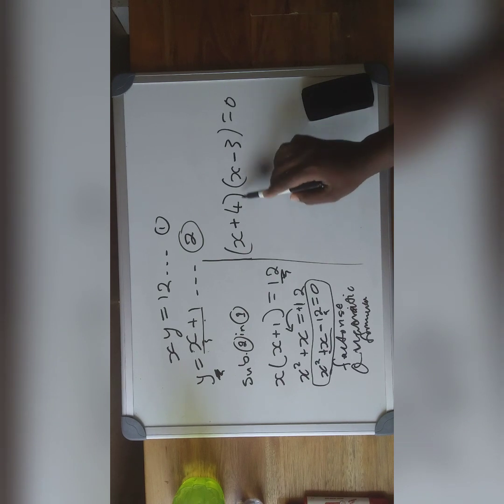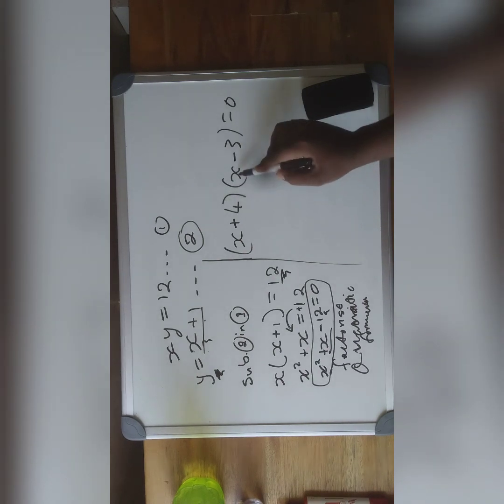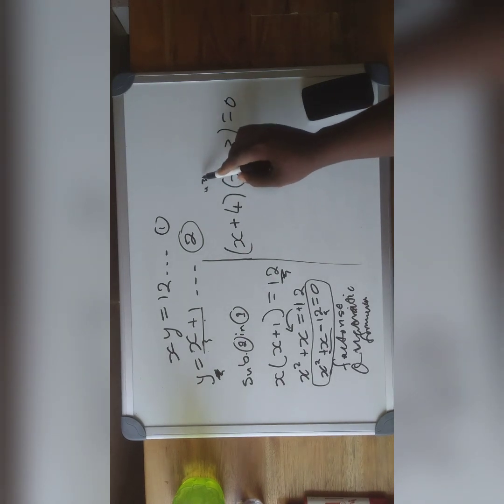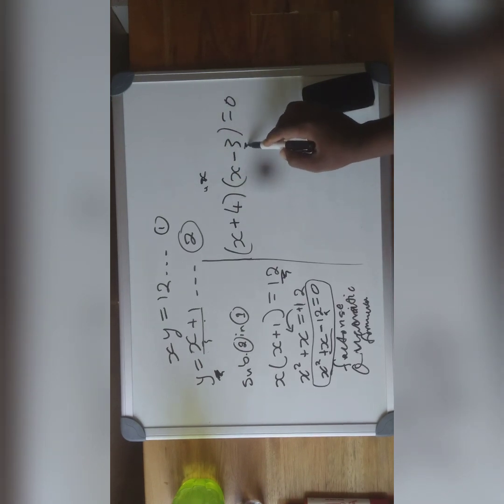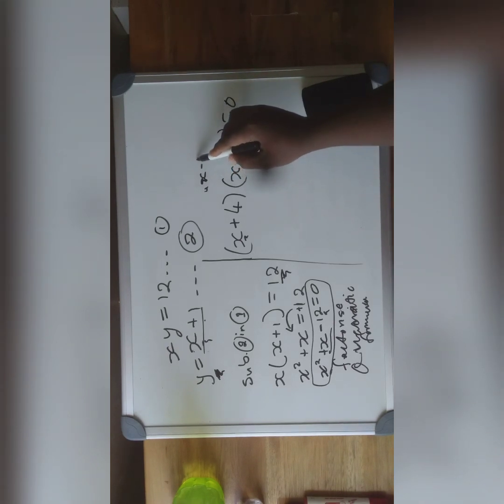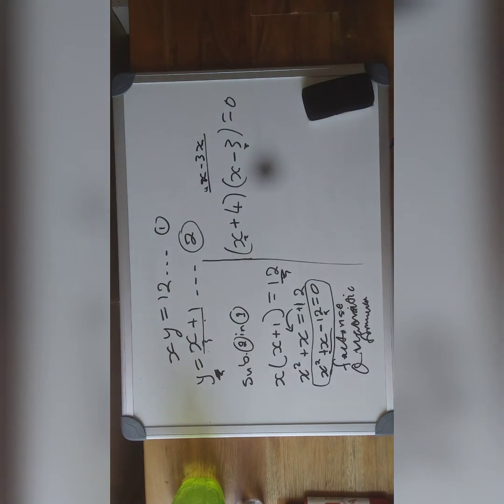If you multiply this, it is going to be 4x, and if you take this negative 3 and x here, you're going to get minus 3x. So now you can see that you're going to have a positive x. This is how we factorize.